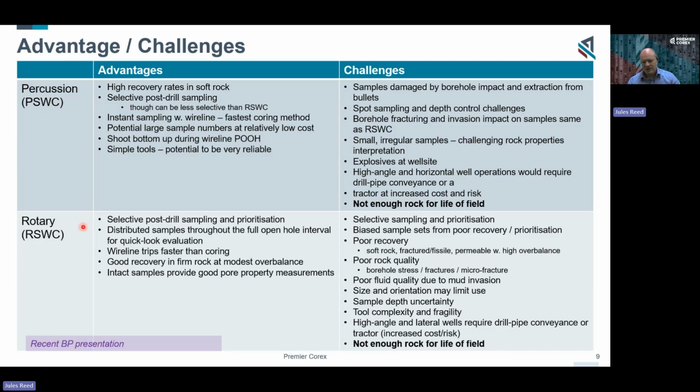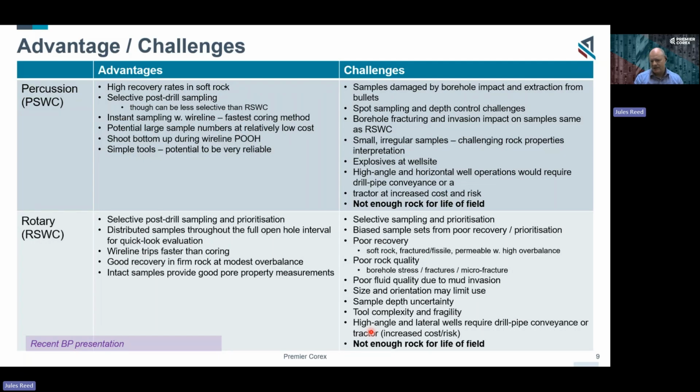You can sometimes be left with samples that are somewhere in between, oblique to bedding, and still similar to the percussion, and potentially even less rock material for the life of the field. So those are some of the challenges to overcome.